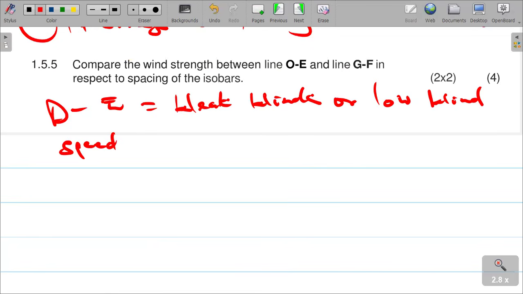Why do we say that? It is low wind speed because of the gentle gradient shown by the spacing of the bars.